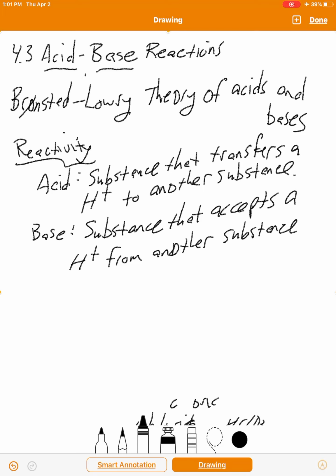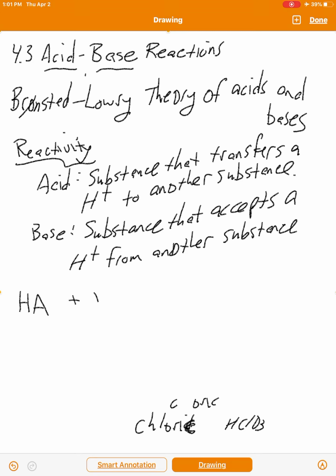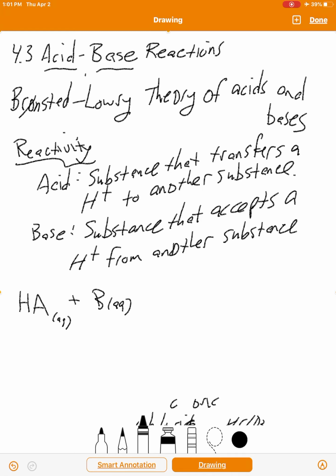So now, let me show you what I mean by that, just as an example. Let's say that we have HA, and it reacts with B. Let's put them both in water. They collide with each other. Essentially, the HA collides with the B. And in fact, let's write it a little bit more physical.